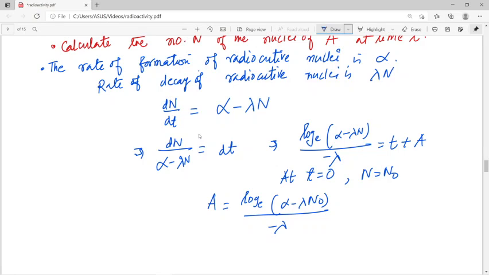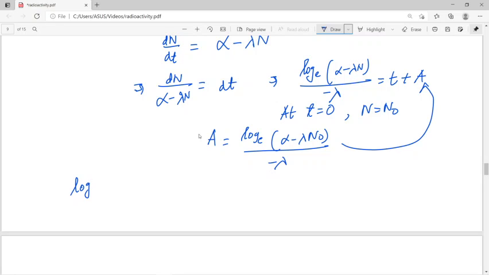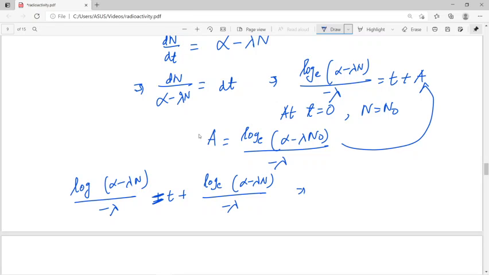Now if we put this value of a into that particular equation, you will find log e of alpha minus lambda n by minus lambda equals t plus log e of alpha minus lambda n naught by minus lambda, or you can say log e of alpha minus lambda n by alpha minus lambda n naught equals minus lambda t.